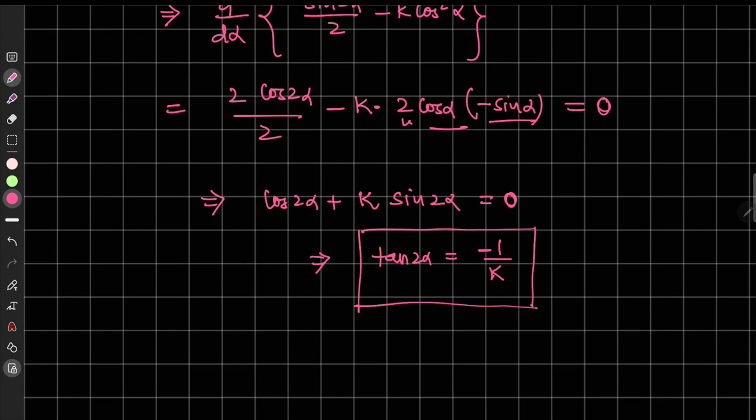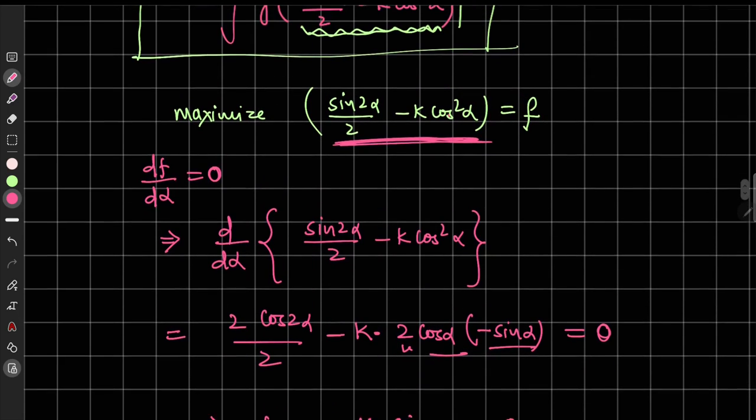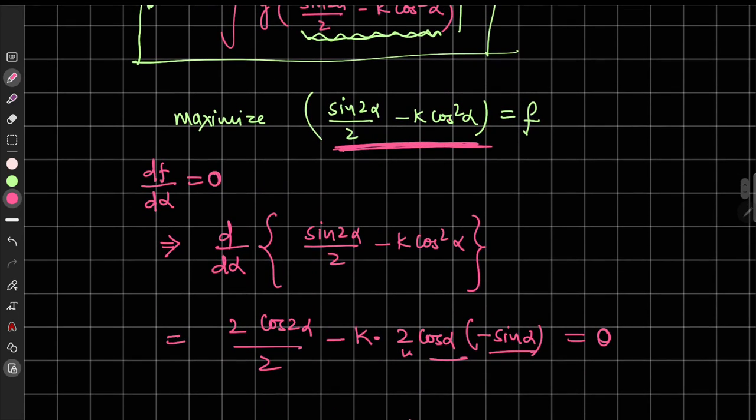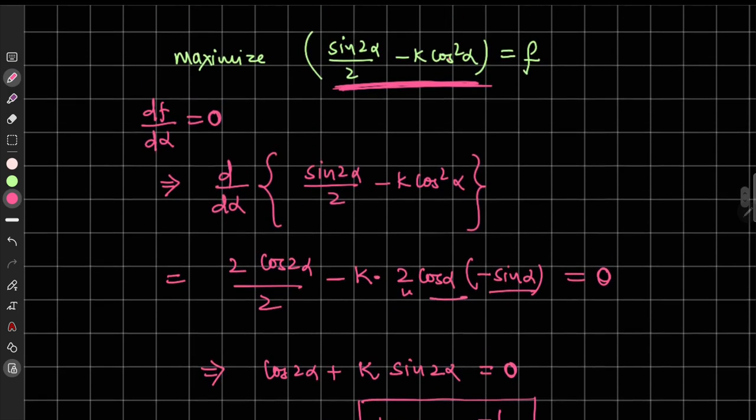Okay, and how do we know that this is the value of alpha that maximizes this particular function? For that, let us find the derivative of df upon d alpha.